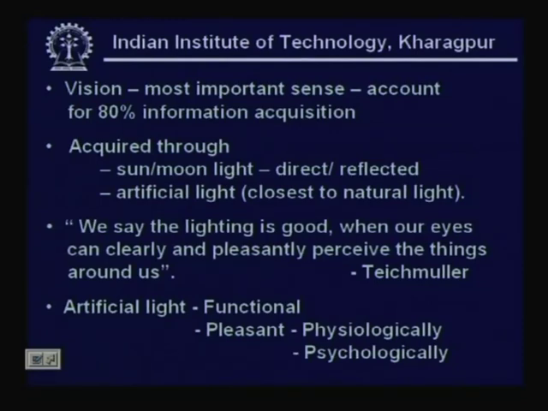It should be pleasing physiologically as well as suit psychologically to the mood. For instance, the type of lighting that is required when I am praying or meditating is different from the type of light I need when I am doing a precision soldering on a PCB. That has to be kept in mind.